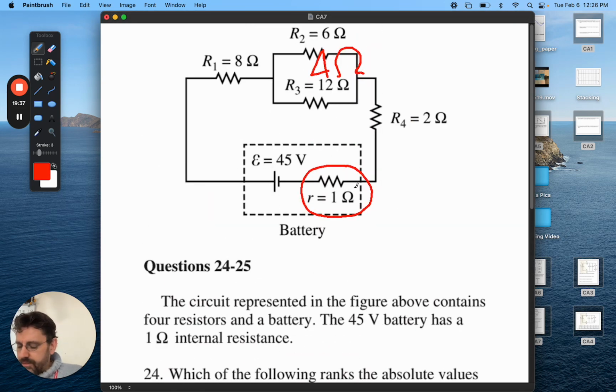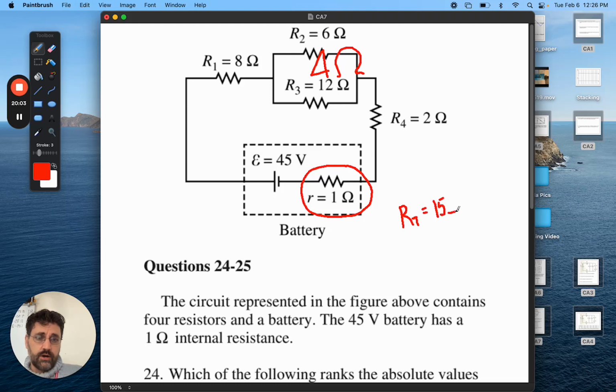So I think probably, let's see here, do the combined resistance of the whole thing, and you can find the current. 4 plus 8 is 12. Wait, 8, 12, 15. Okay, the total resistance is 15 ohms.